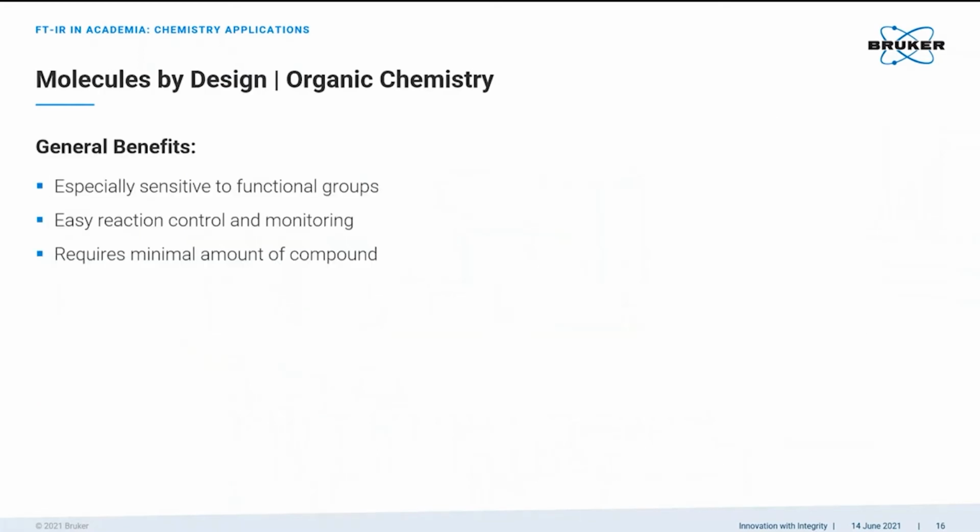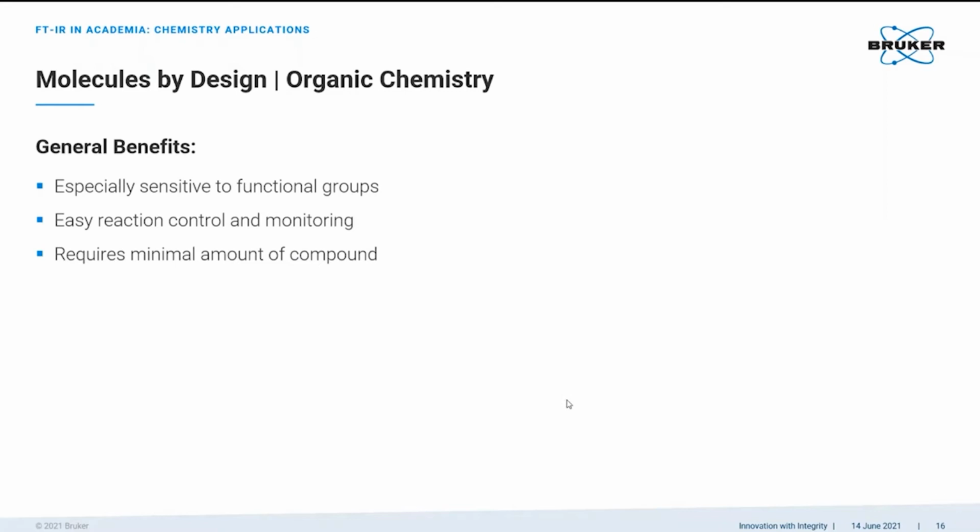Of course, organic chemistry also applies IR for basic purity and identity verification, but beyond that, as IR is so sensitive to organic functional groups, it is a fast and versatile tool for reaction control and reaction monitoring. As an added bonus, it requires minimum effort and minimum amount of compounds.